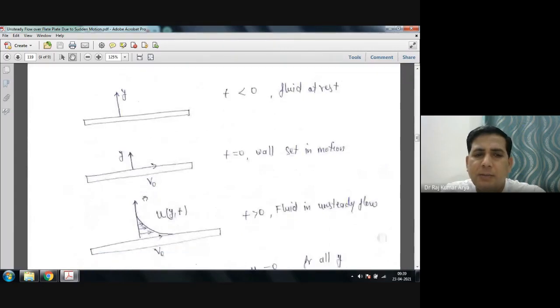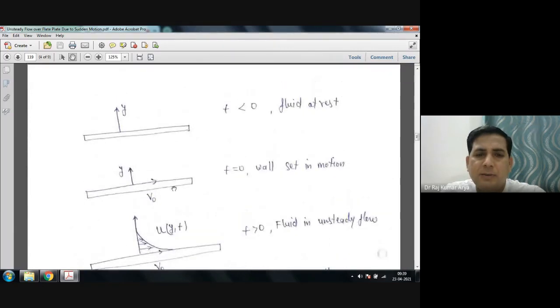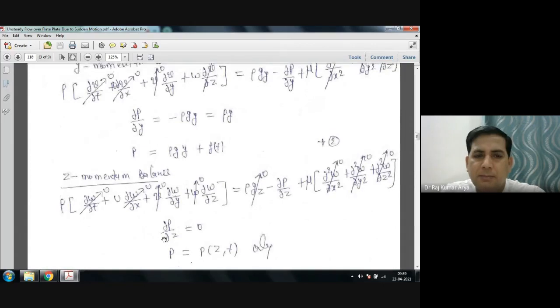In case of Z, you will come up with this thing, and from here del P upon del Z is zero, so no variation in Z direction. That's quite obvious because pressure is only a function of distance or depth of the fluid. Because if there is no variation of velocity, this term would also not change.